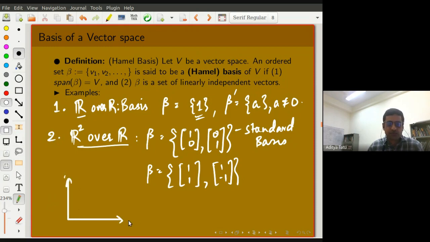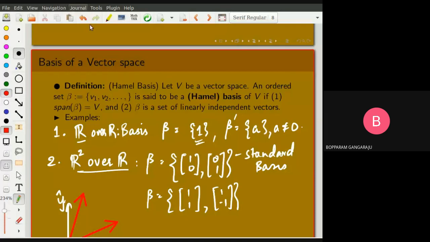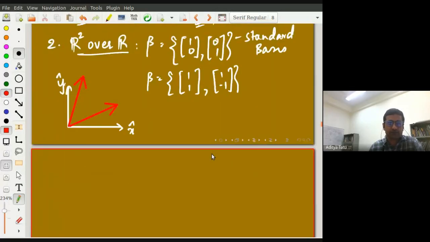These are your usual bases, the unit vector in X and the unit vector in Y. But in principle, this and this also form a basis, because they are linearly independent and they span R2. I hope that is clear. Let us look at more examples before I talk about the significance of order.